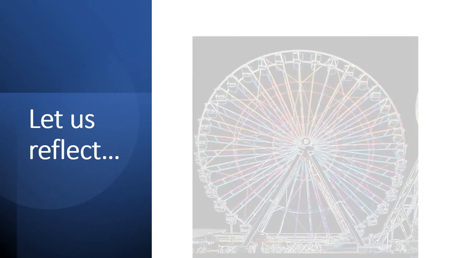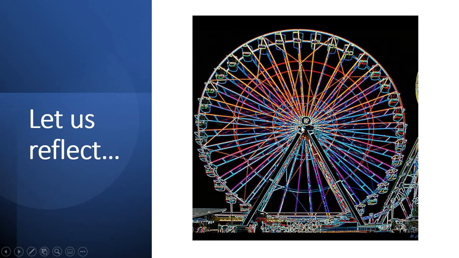Now, let us reflect. Bakit ba mahalaga na pinag-aralan natin yung center, yung diameter, yung radii, and the other terms that are related to circles? Because, for example, in this Ferris wheel, halimbawa, wala yung center, or wala siya dyan sa center, itong part na ito ng Ferris wheel na yan.